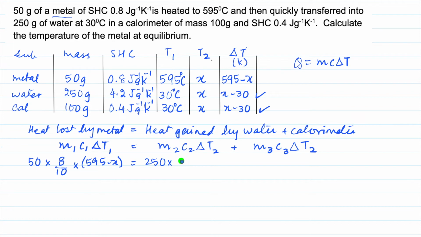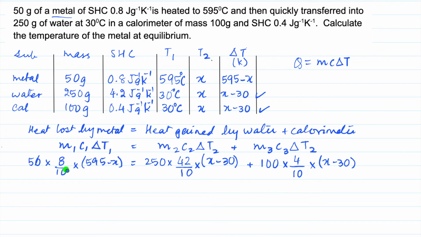So C2 will be 42 upon 10, and delta T2 will be x minus 30. And the calorimeter M3 will be 100 gram. The SHC is given as 0.4, that is 4 upon 10, and delta T2 is the same as water, right? So it is x minus 30.